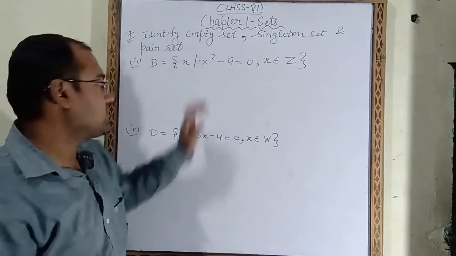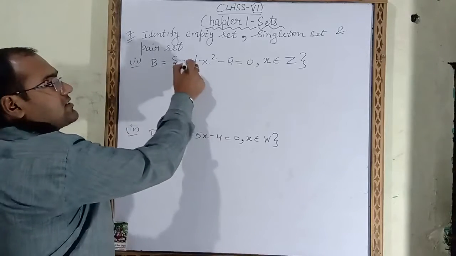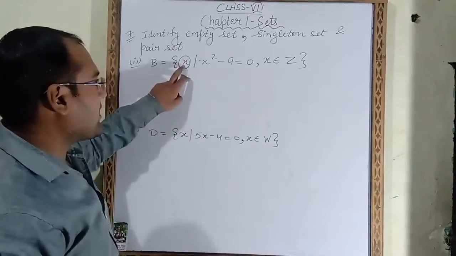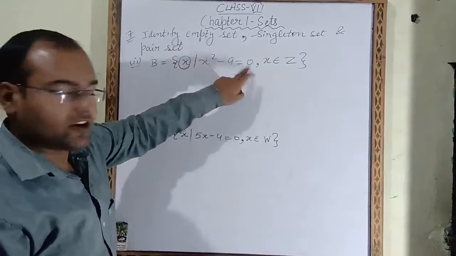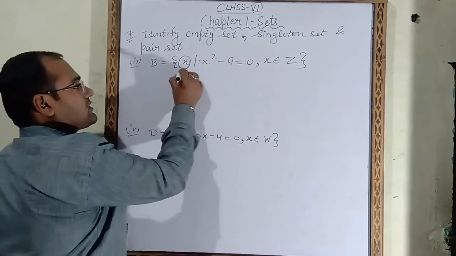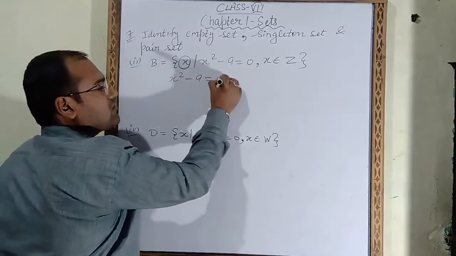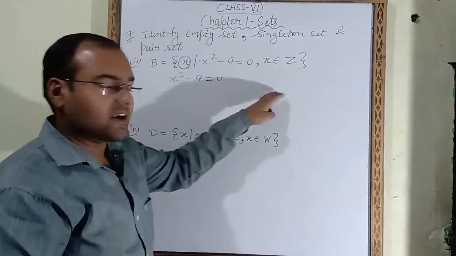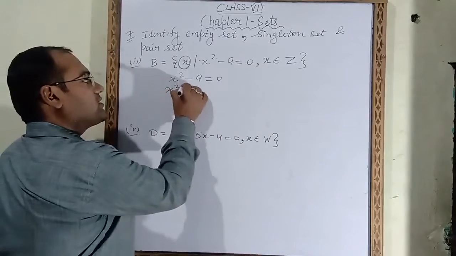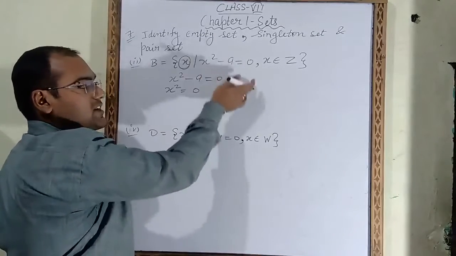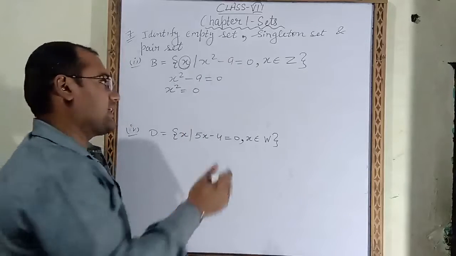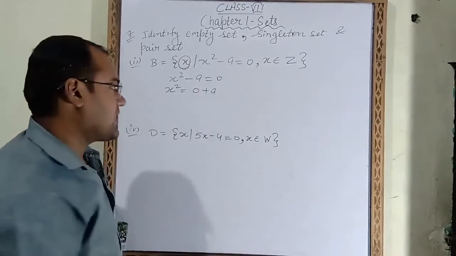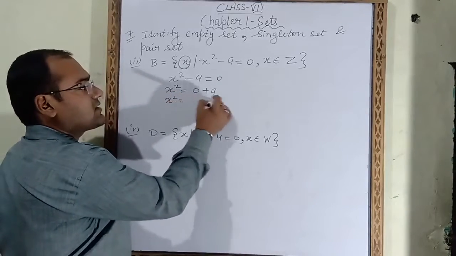Now see this question. B is equal to x such that, which means we have to write the value of x. To find the value of x, we have to use this statement: x square minus 9 is equal to 0. This minus 9 we will bring to the right side. So x square is equal to 0, and this minus 9 will become plus 9, and 0 plus 9 is 9.